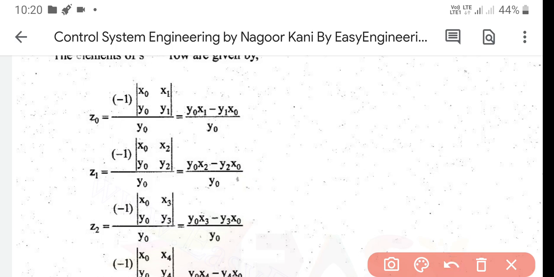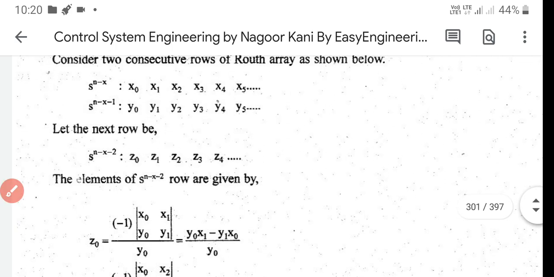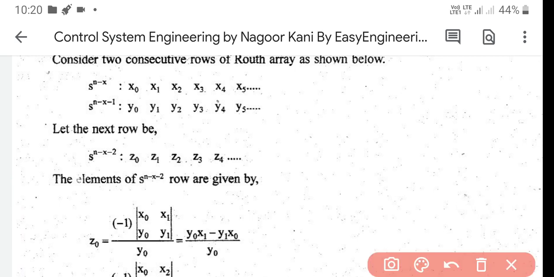Which elements do you have to consider here? This is Z0. To find Z0, the first column and second column elements have to be considered for the first row and second row. So for finding Z0, first of all you should frame the determinant by considering the first column and second column of the first row and second row.